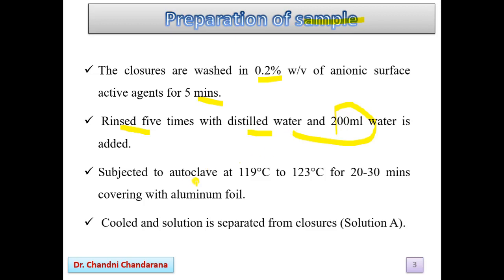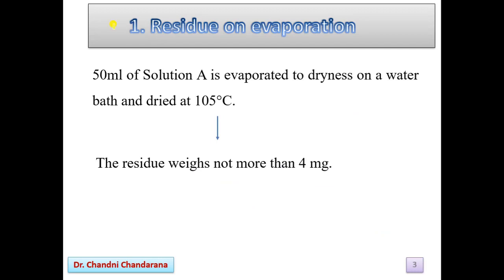Now subject it to autoclave. Then we have to autoclave it for 20 to 30 minutes at this particular temperature, covering with aluminium foil. It's very important. Then we cool it, and the solution prepared from the closures is known as solution A. Now we have to perform the tests using this solution A.